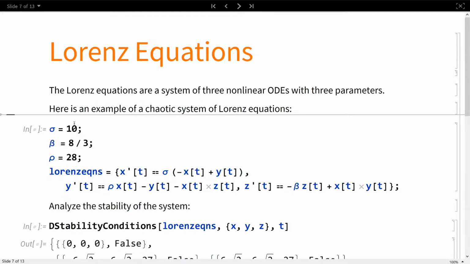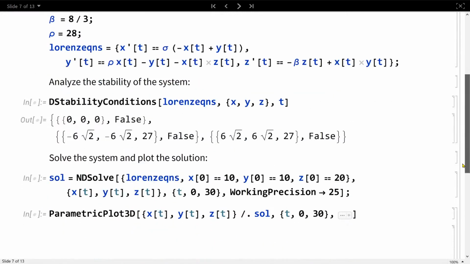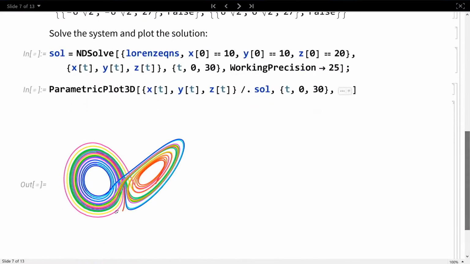So with these particular parameter values and the Lorenz equations given over here, in fact, DStabilityConditions says that you have 3 fixed points and they are all unstable. So the stability conditions give you some information over here. You can then use DSolve and actually plot the solution and get this very famous Lorenz attractor. So for pretty difficult nonlinear systems, you can figure out what the stability conditions are for that system.